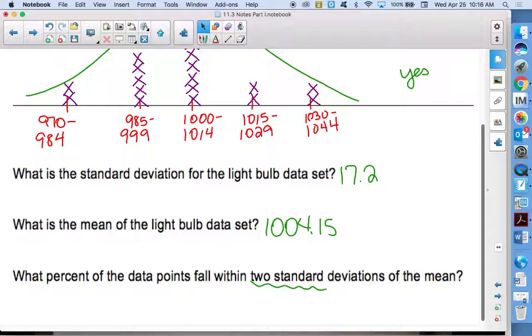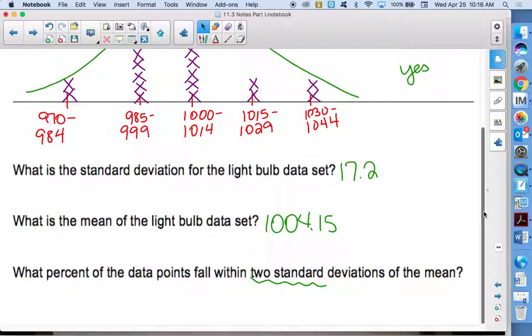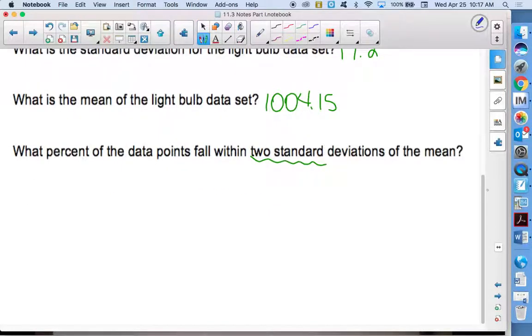Remember, that's what absolute value says. So you can have the same distance to the left or to the right. That's considered 1 standard deviation. So the same distance you're moving left and right is 1 standard deviation. So our goal is to figure out 2 standard deviations. So we want to know what percent of the data points fall between 2 standard deviations of the mean. In order to answer that question, we have to get bounds, meaning what numbers would my data apply to?